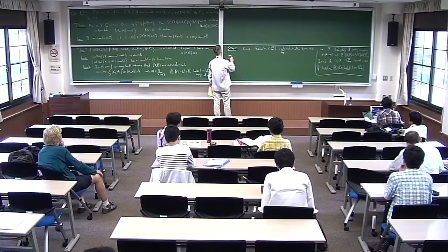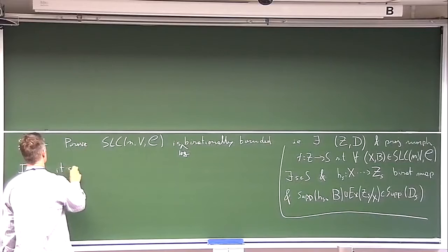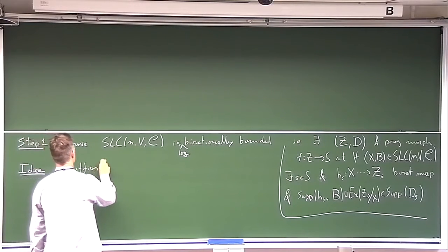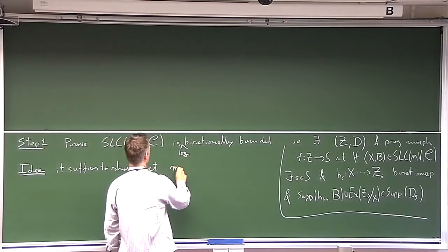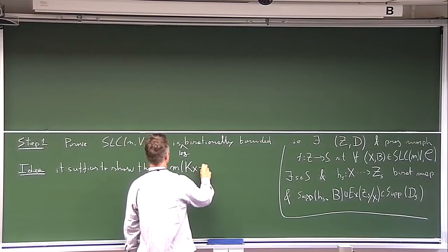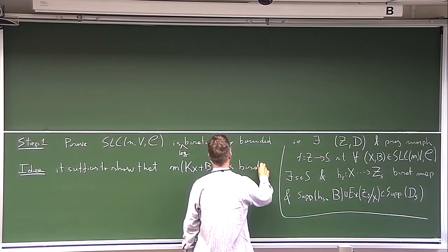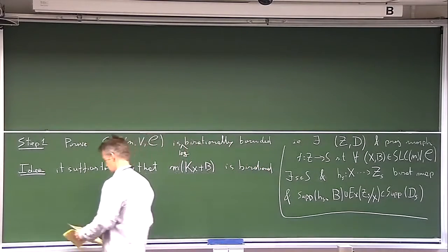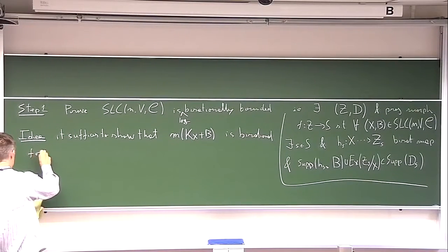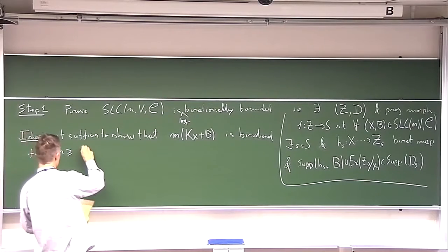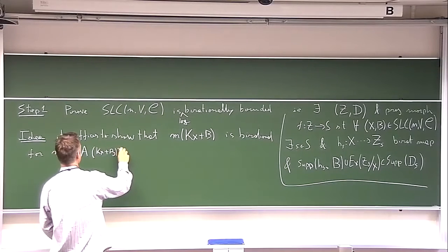the idea from last time is it suffices to show that some multiple of kx plus b is birational as soon as m is greater or equal to some constant a times kx plus b to the n.